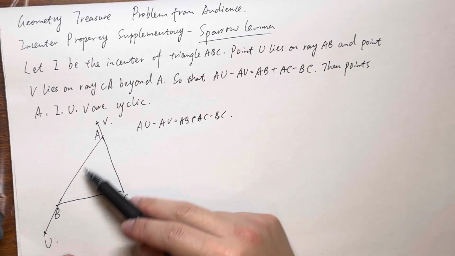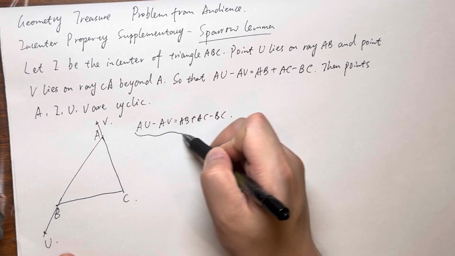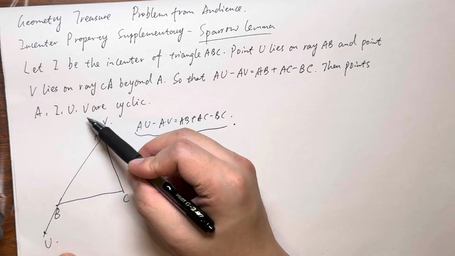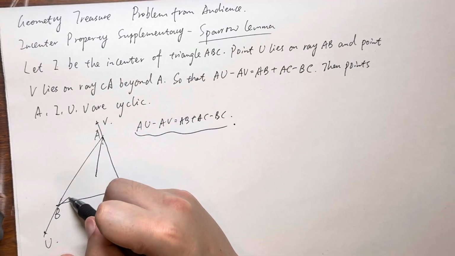So U and V satisfy some equation here. Then points A, I, U, V are cyclic. I is the incenter here, right?